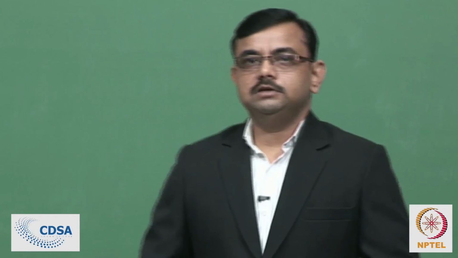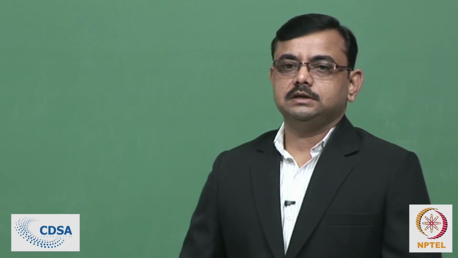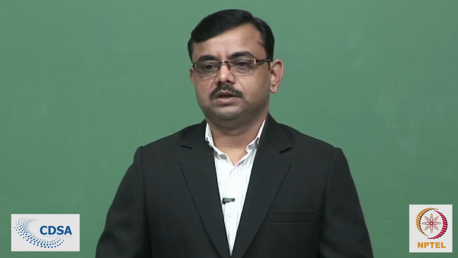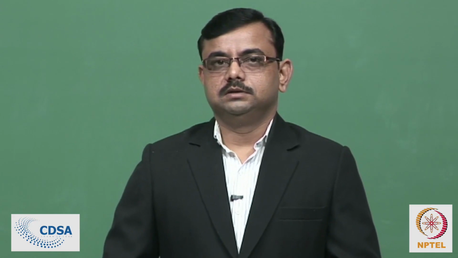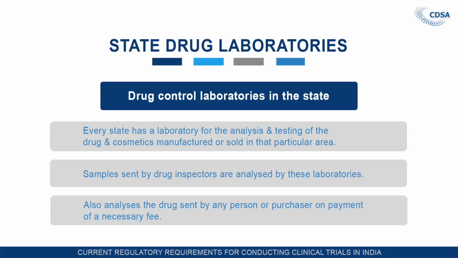So what we have seen, these were the central drug testing laboratories. The central government sends the sample to these laboratories. Now let us see the state drug laboratories. So each state has a laboratory for the testing and analysis of the drugs and cosmetics manufactured or sold in that particular area. A few of the states are not having their own laboratory.